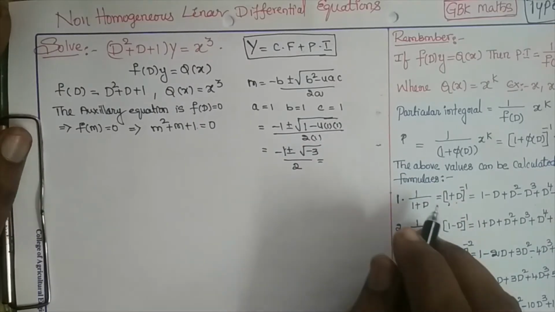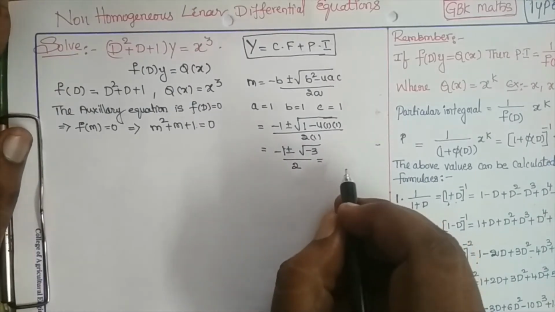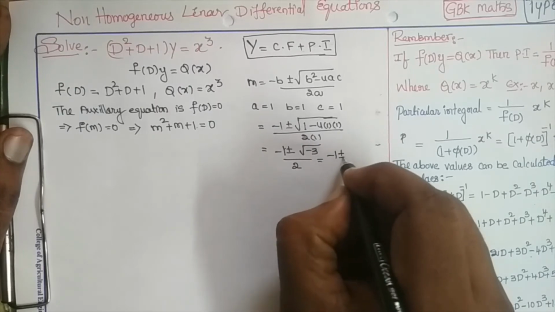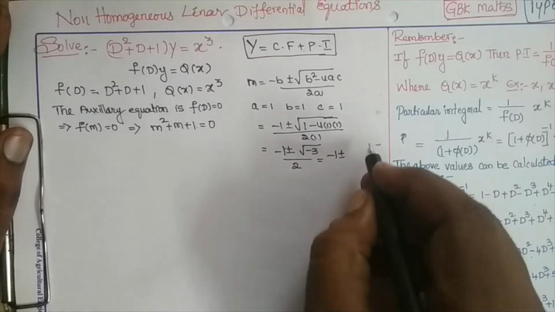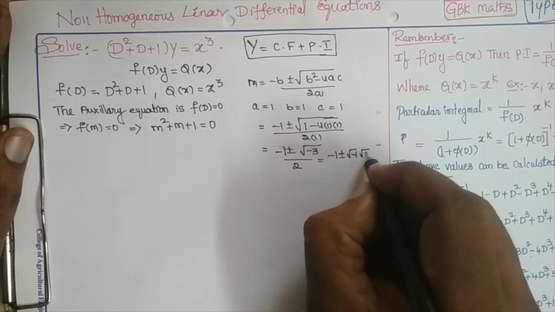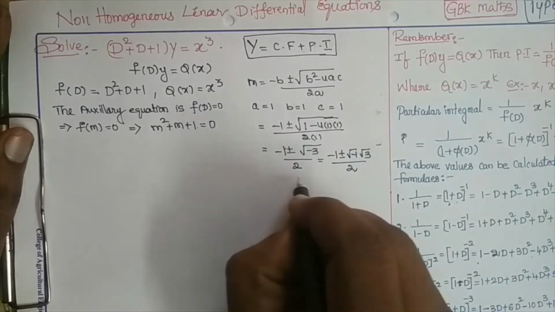I think we are getting complex roots. That means minus 1 as it is, plus or minus root 3 can be written as root of minus 1 into root 3, divided by 2.